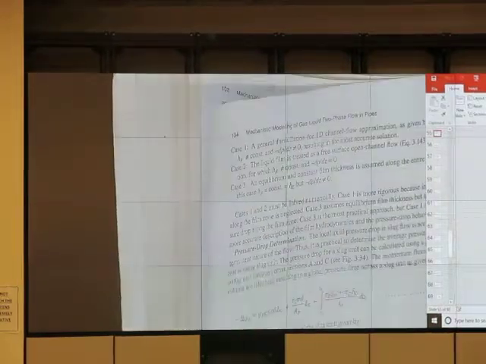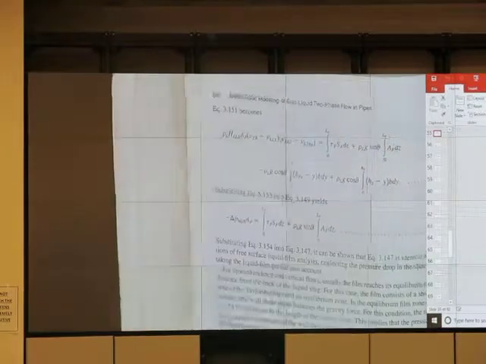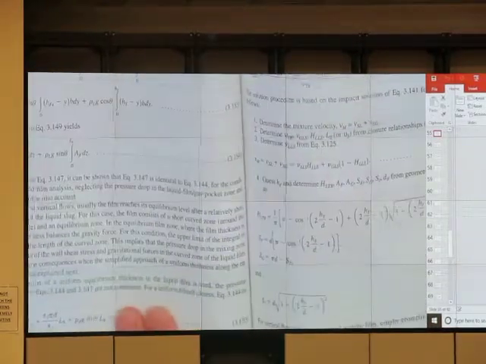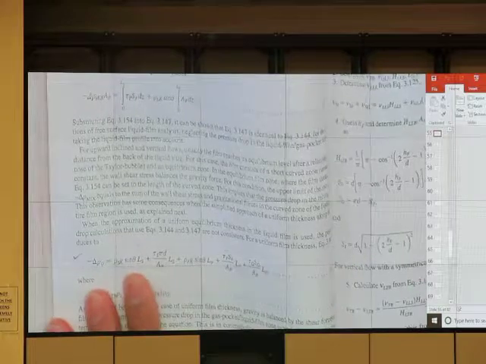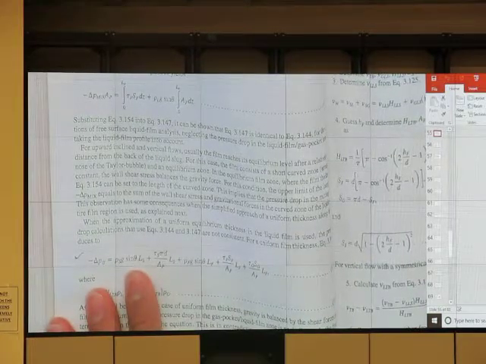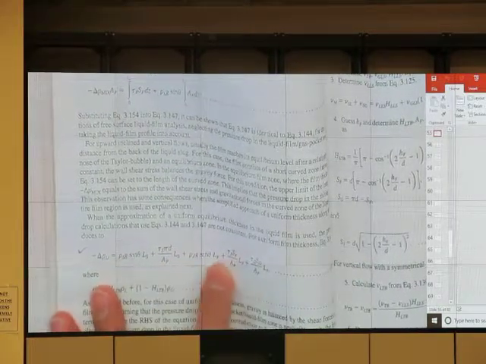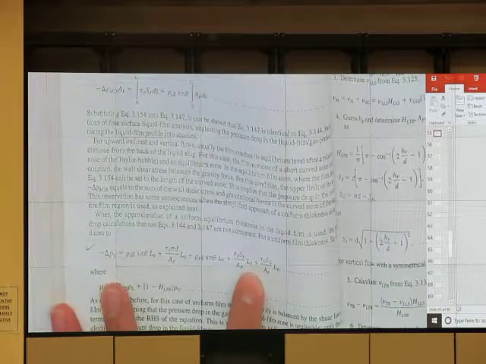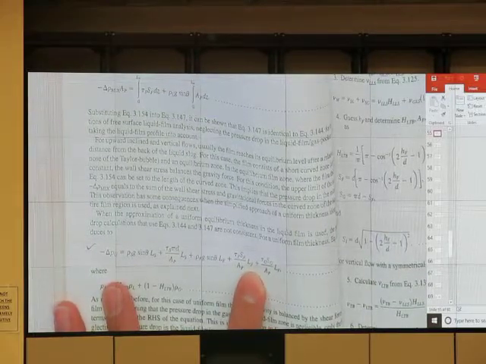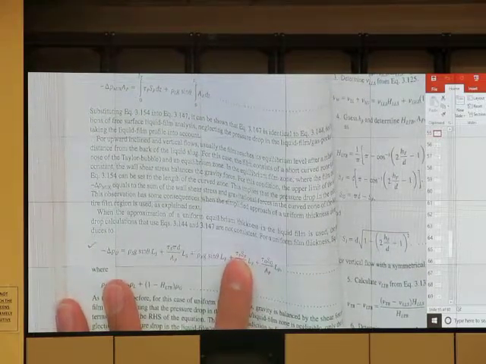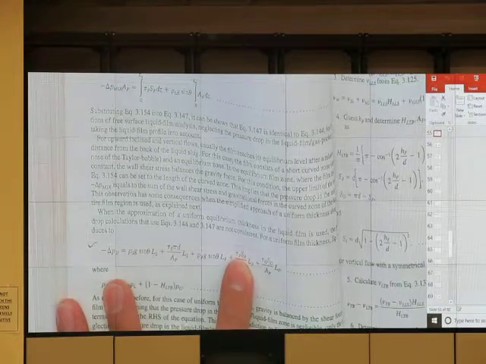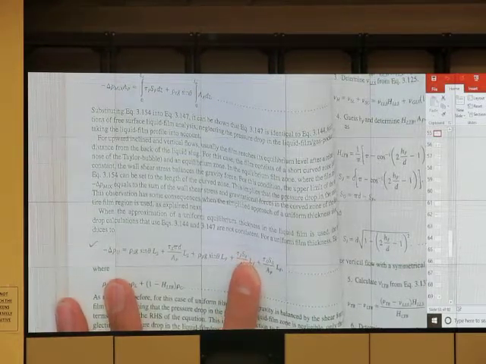For the horizontal flow case, we have rho s, tau f, tau g. So in that case, Sf is what?